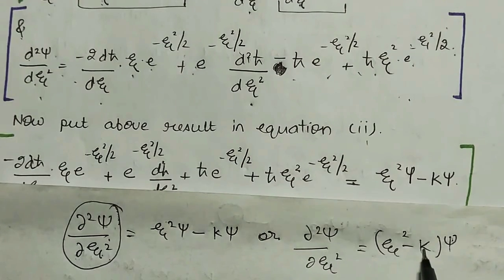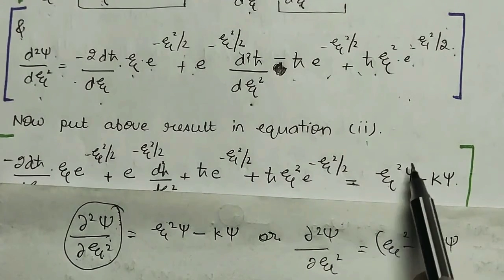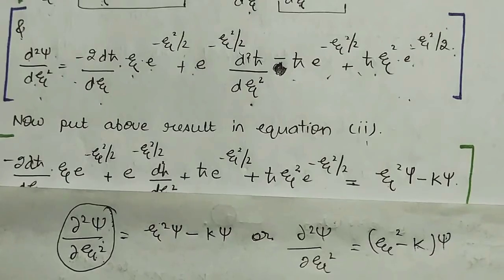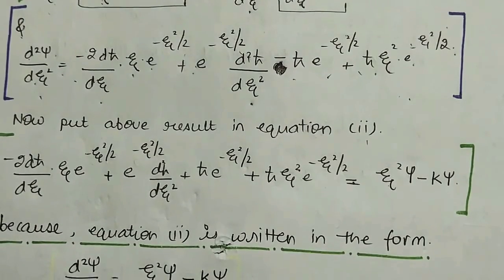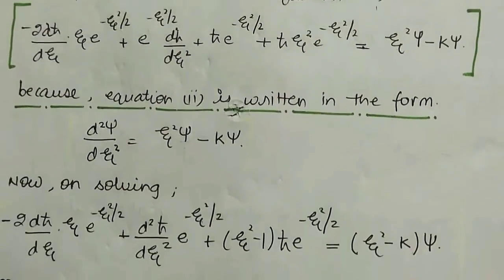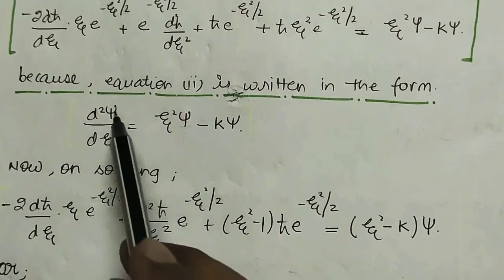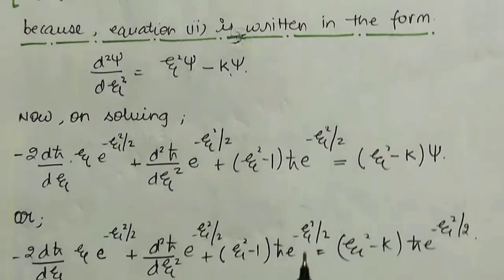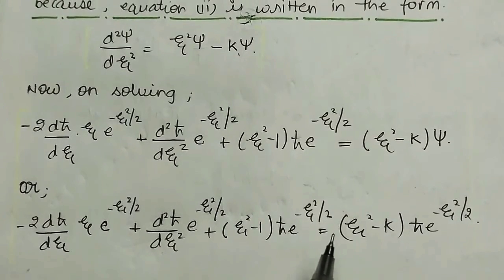If psi is multiplied, it becomes j square psi and minus k psi. Now because equation 2 isn't written in the proper form, the equation is unsolvable.